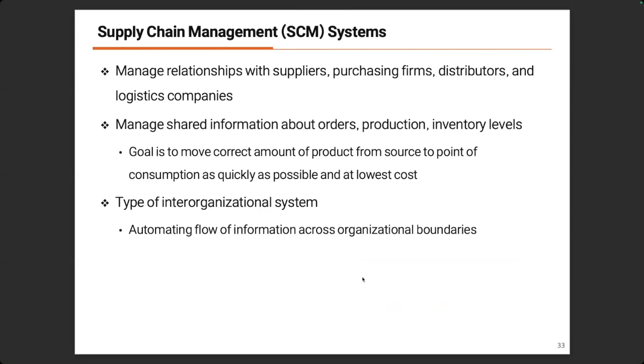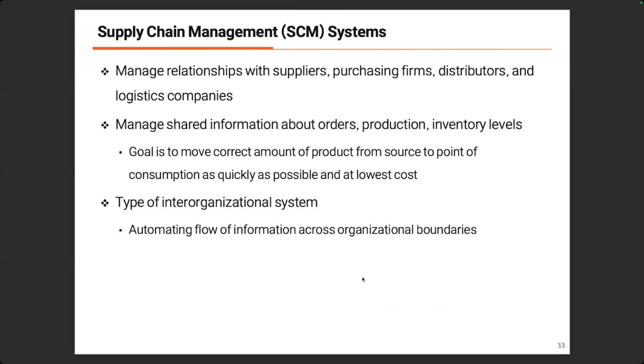And supply chain management systems manage relationships with suppliers, purchasing firms, distributors, and logistic companies. It manages shared information about orders, production, and inventory levels.